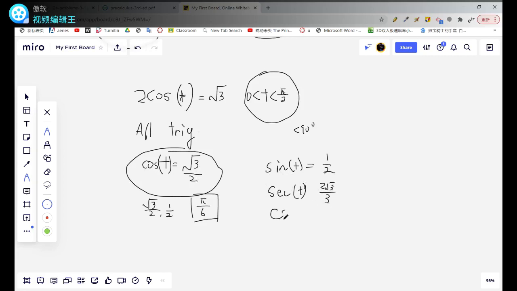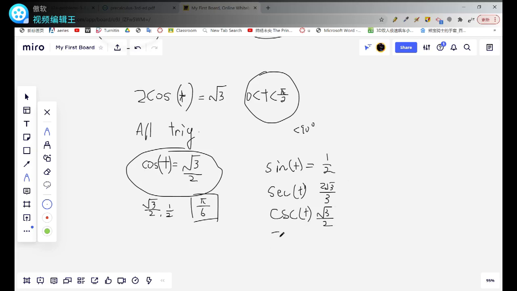And cosecant is basically the inverse of sine, right? So it's 2 over 1, which is just 2. Okay, that's the value of cosecant.